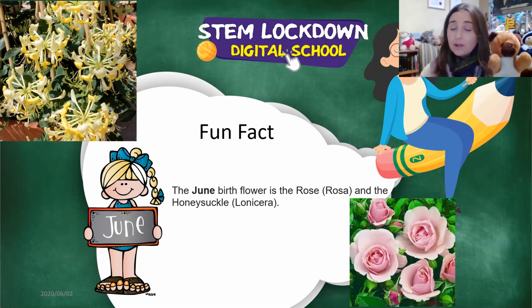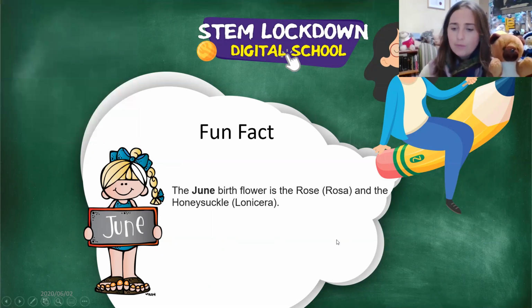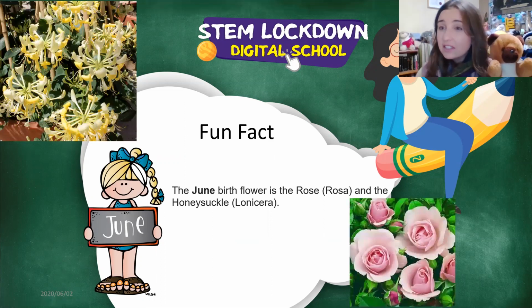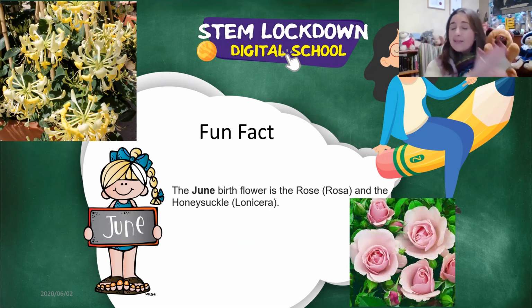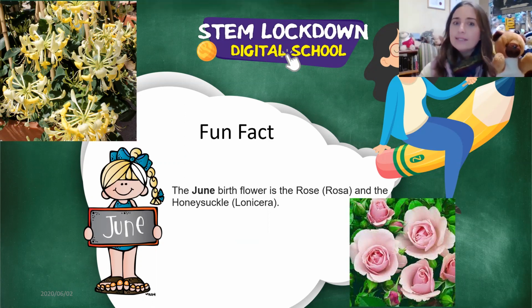The picture at the bottom is a rose. Let me show you. This one is a honeysuckle, and this one is a rose. And you get them in many colors. I love, love, love roses. So the birth flowers of June are roses and honeysuckles. Wow.